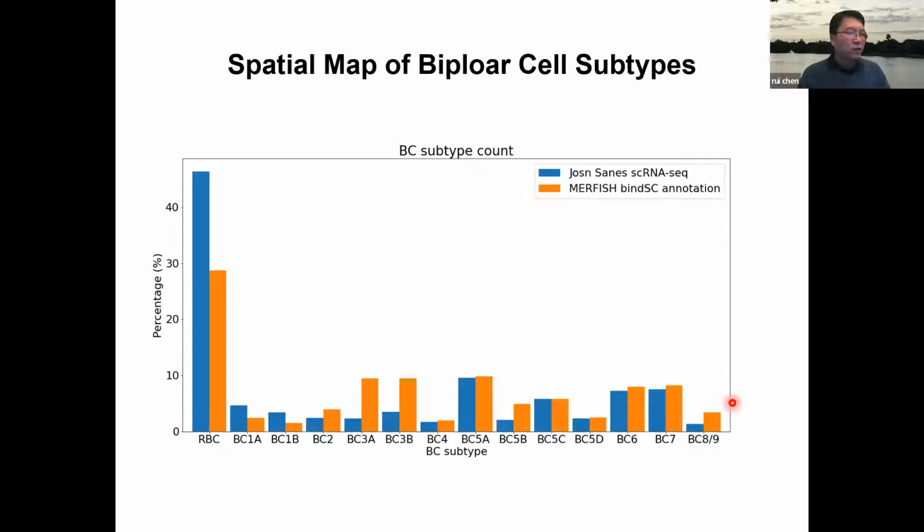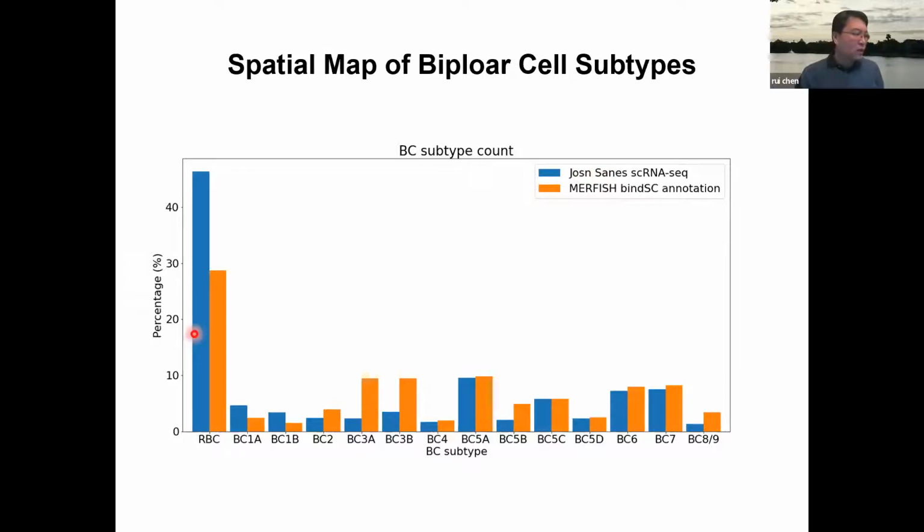So the first thing we check is whether the number of subtypes, the population, is actually consistent with what's known from RNA-seq. So here's the proportion, with Murphy's based on annotation, and Josh Chen's single cell RNA-seq on bipolar cells.